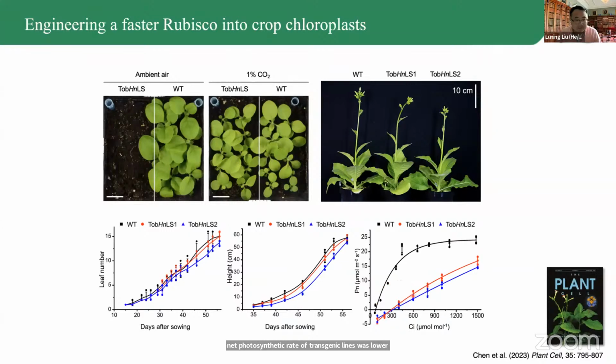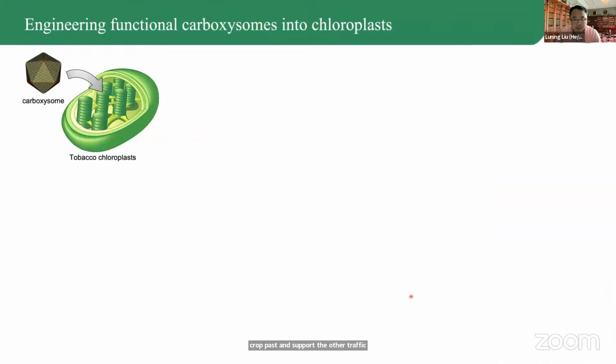Nevertheless, our results demonstrated that the catalytic activity of the bacterial Rubisco produced in the tobacco chloroplast can support the autotrophic growth of plants in 1% CO2. This also highlights the necessity of engineering carboxysomes in the chloroplast.